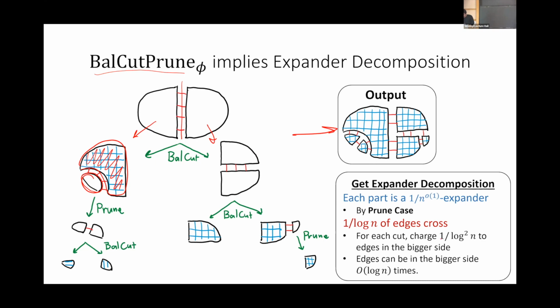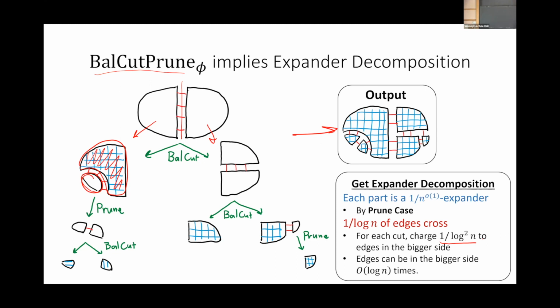What we can do is, for every time that we cut, we charge the cut edges to the bigger side of the cut. So how many times can each edge be on the bigger side of a cut?